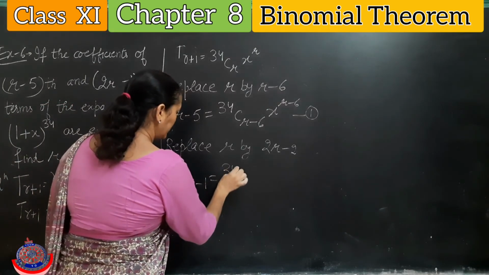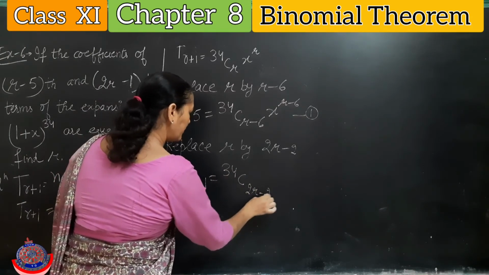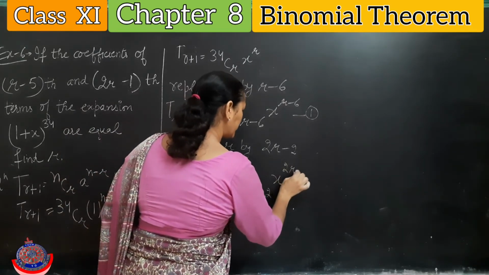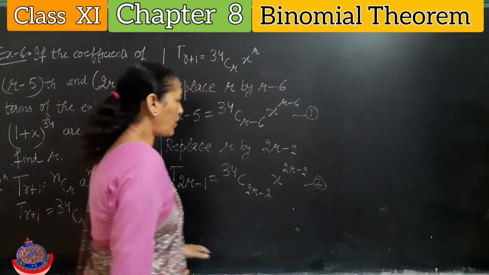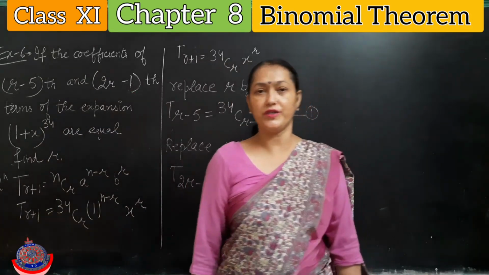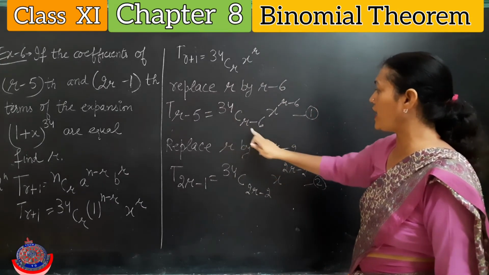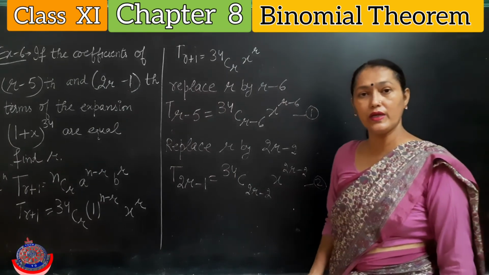So 34C(2r minus 2) and x power 2r minus 2. Now according to the given condition of the question, they are saying coefficients are equal. That means 34C(r minus 6) and 34C(2r minus 2) are equal.